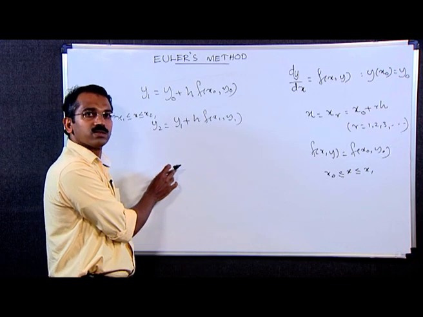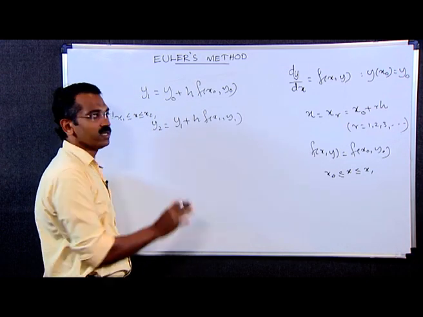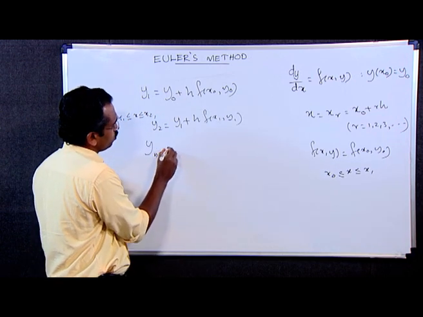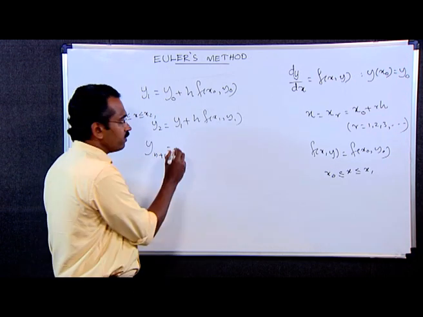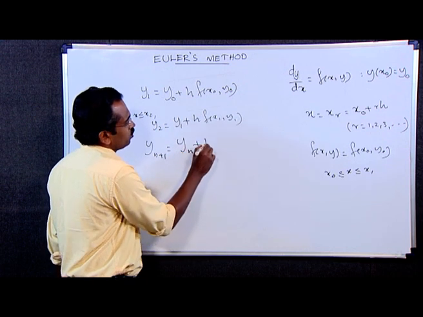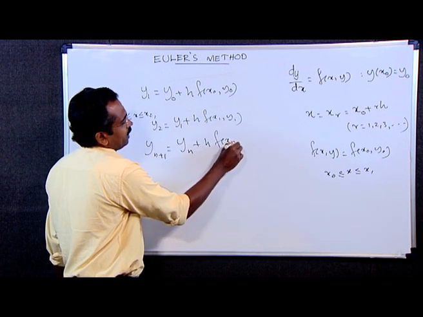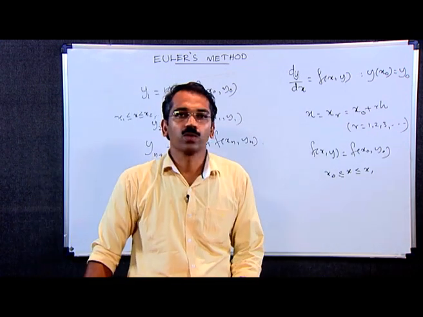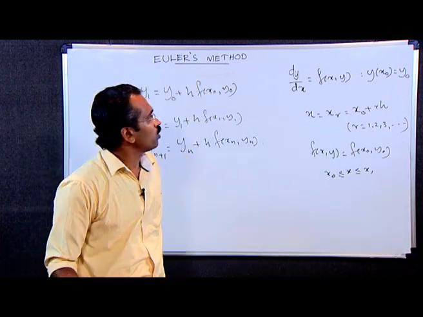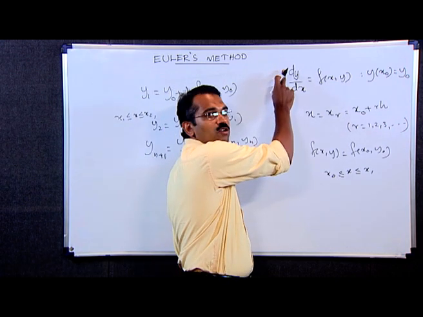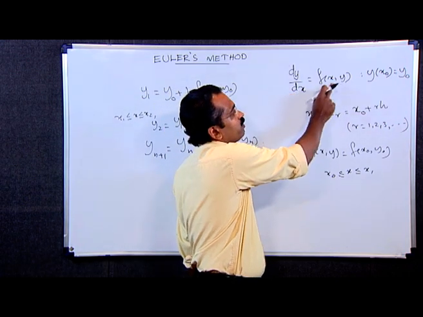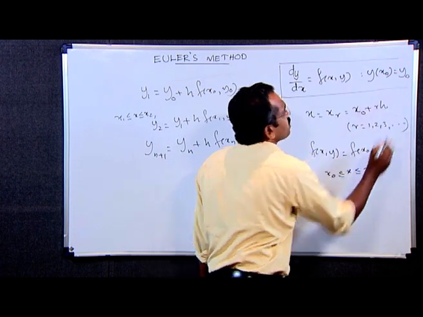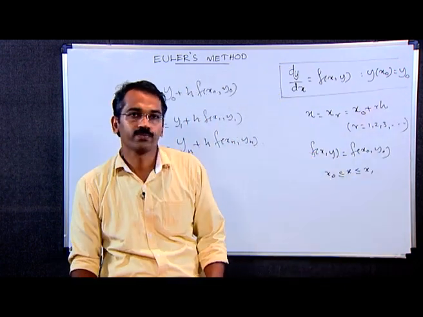Proceeding like this, we obtain the general formula as y n plus 1 is equal to y n plus h into f of x n comma y n. This is the Euler's formula to solve the differential equation of the form dy by dx is equal to f of x y, given that y of x naught is equal to y naught.